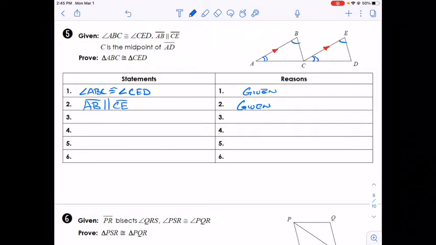So I can say angle A is congruent, and I can't just say angle C here, so I have to say angle ECD. And that's going to be because they are what type of angles? They are corresponding angles.